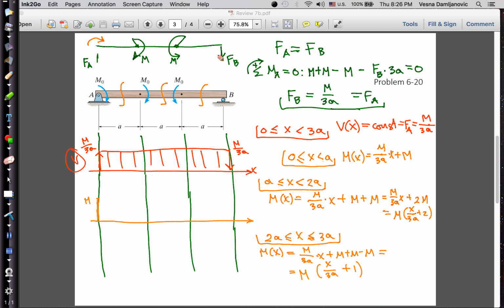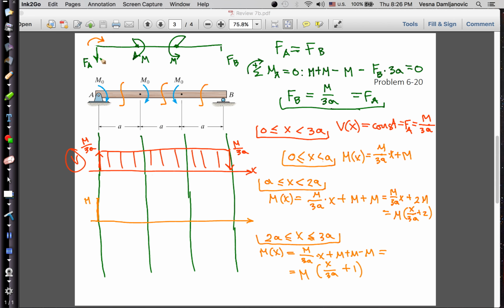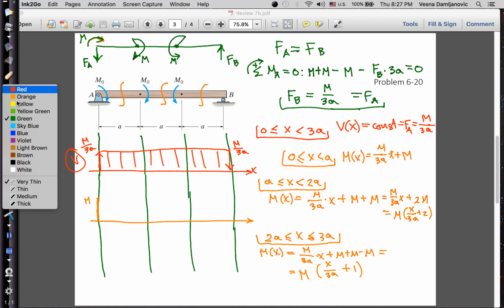And if you look at how the moments are applied, that's exactly how it should be. So let's rework the forces again. This force should go down, and that force should go up. I don't know why I don't follow what I already prepared. I get excited and want to do my own thing all over again. So the way I imagine them is the way I assumed them. I wrote, and I'm going to write it properly.